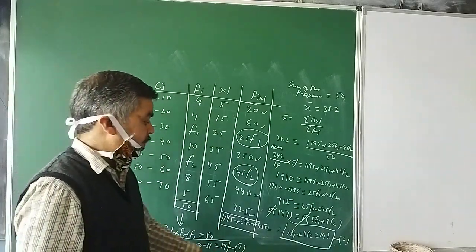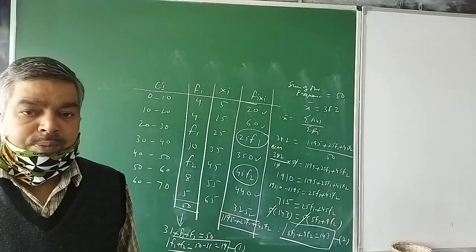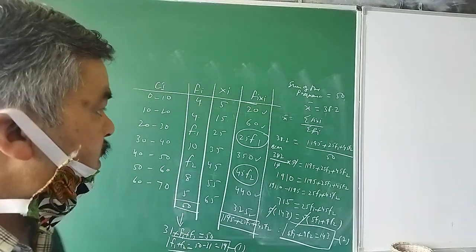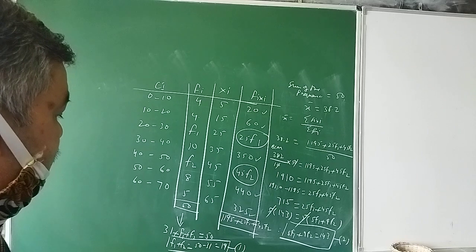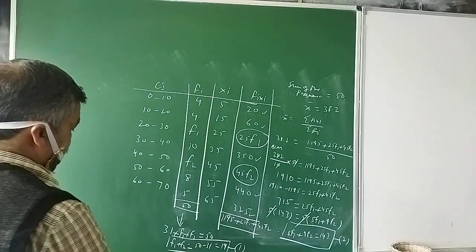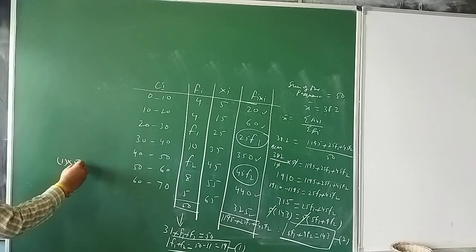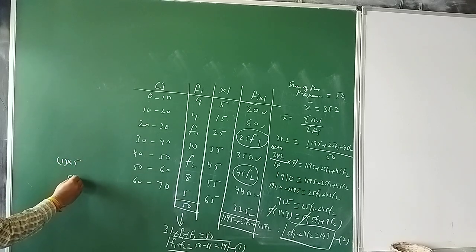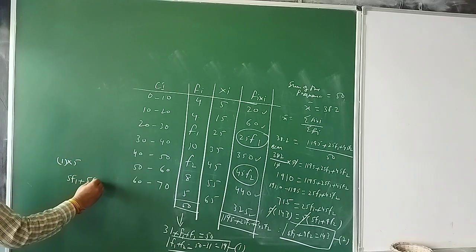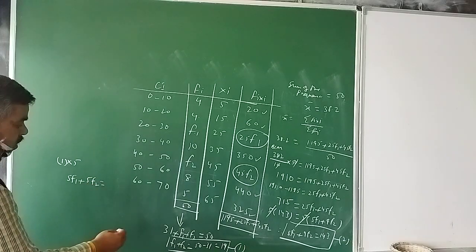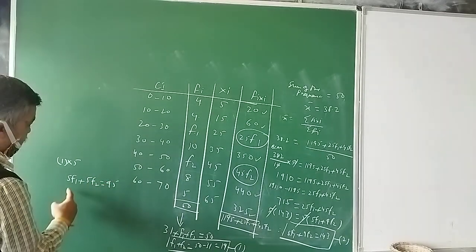Now you are back to the topic of linear equation in two variables, where you can solve these by elimination method. So suppose I am taking multiply number 1 by 5. So you will be getting 5f1 plus 5f2 is equal to 95.